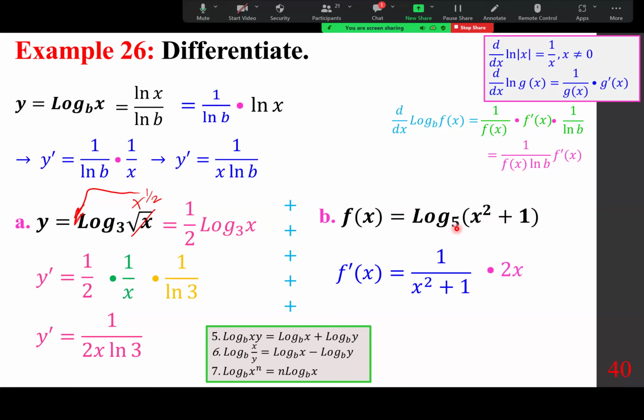Since the base is not e, we need 1 over ln of the base, 1 over ln 5. That's this one. Put them together. 2x over x squared plus 1 ln 5. Again, if you put that after 5, one may read it as ln of 5 times that, which is not true.